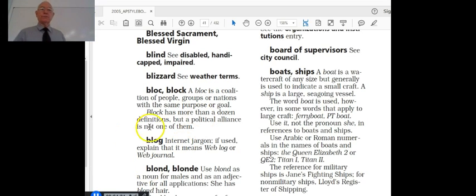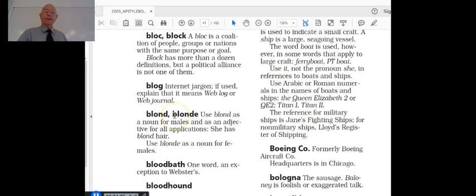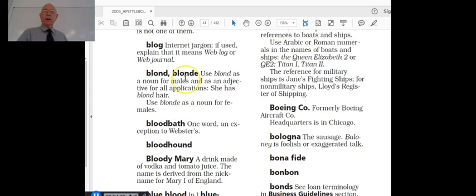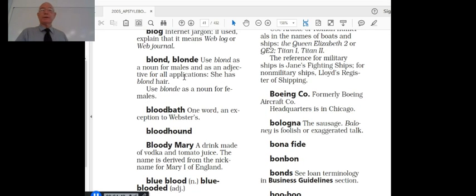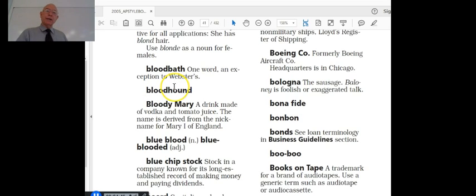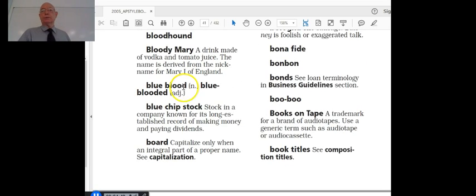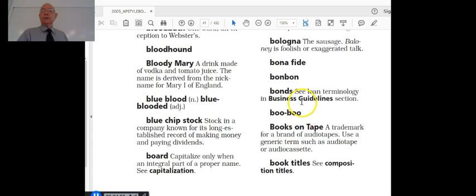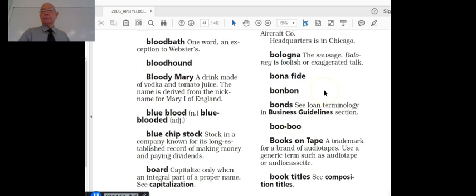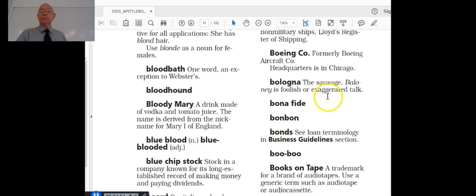There are different ways of using the other kind of block. Blond, there are two ways of spelling it. You may not have known that. There's blond for a male and a different spelling, blonde, for a woman. So there's lots of stuff in here that you may not have ever been exposed to, and that even those who are native English speakers may not know.